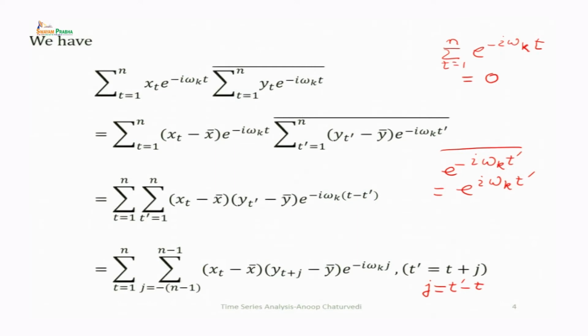And then you have x t minus x bar, y t plus j minus y bar, because you are writing t dash equal to t plus j. Then e to the power minus i omega k, then t minus t dash is equal to j. So, you get this term.